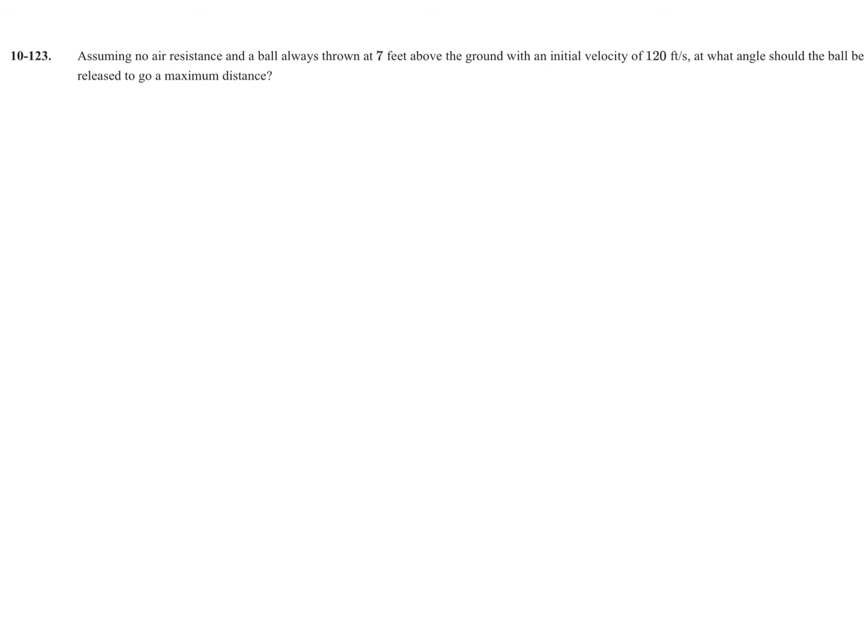So in my diagram, I know I'm 7 feet above. I know that I have an initial velocity of 120 feet per second. I want to find out this angle. So I'm going to go ahead and write my horizontal: x of t equals 120, the initial velocity, cosine theta, t.